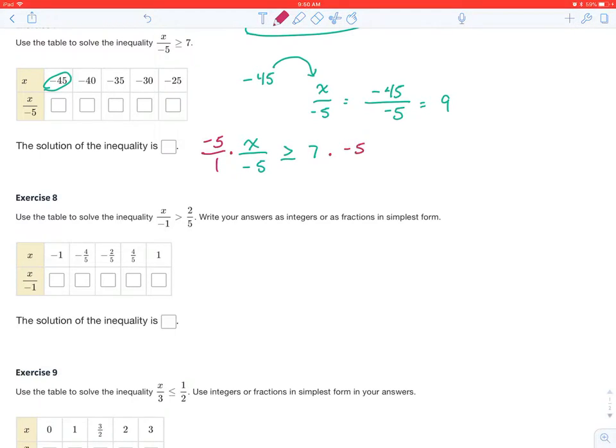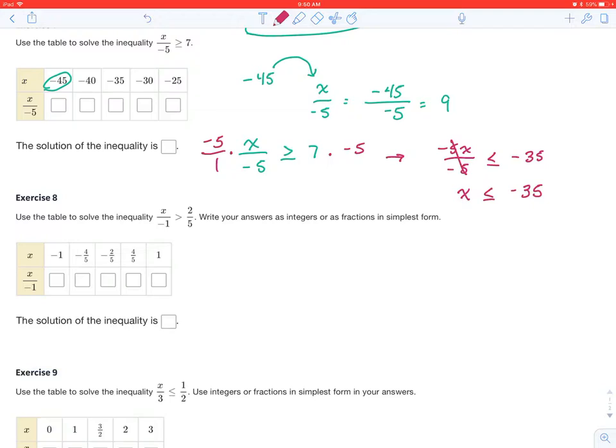And we're going to multiply the -5 on the same thing on the right side, which is going to give me -5x over -5 is greater than or equal to, oh, I made a mistake. Because we multiplied by a negative number, we're going to make that a less than or equal to -35. And then this is going to become just x is less than or equal to -35.